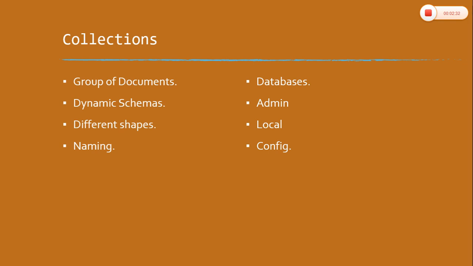A collection contains a group of documents with a dynamic schema consisting of different shapes, which means a collection can accept heterogeneous data. Moreover, MongoDB comes with three predefined databases: admin, local, and config.